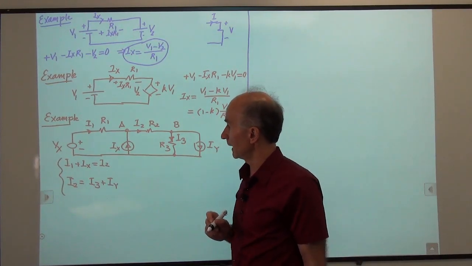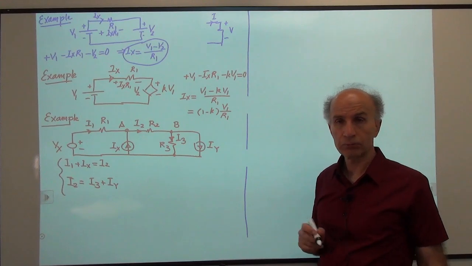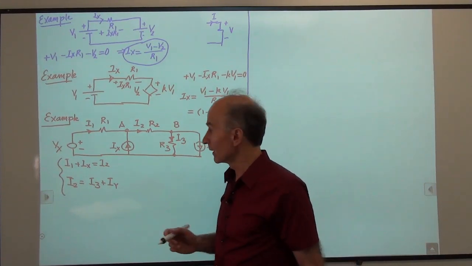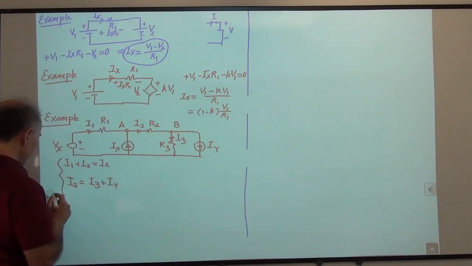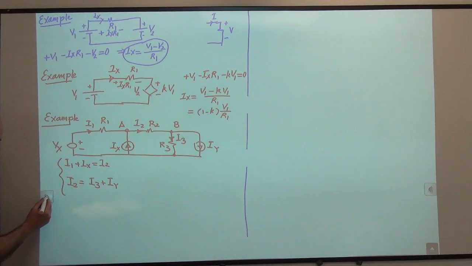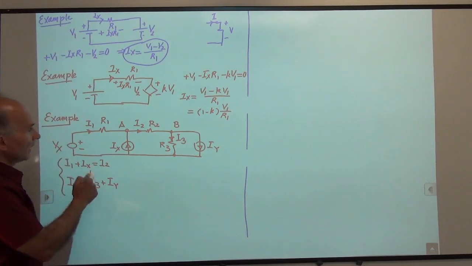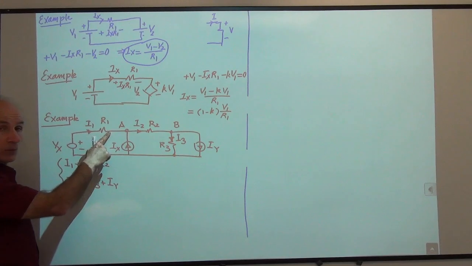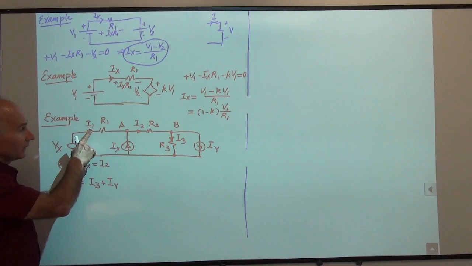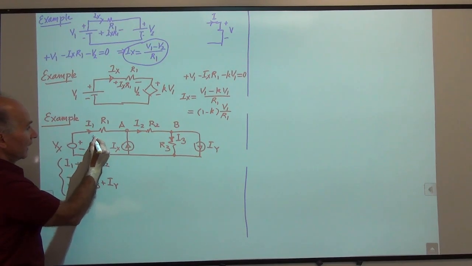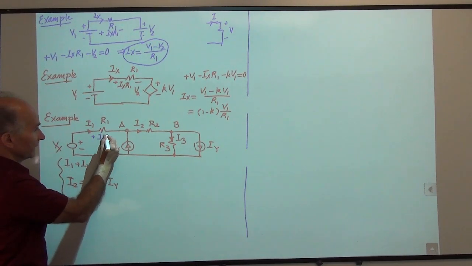Can I write any KVLs? Probably. Let's try some. And again, we're just playing, right? So can I write some KVLs? Well, yes, why not? Let's change the color. How much is the voltage drop across R1? I have a current. The current flowing through R1 gives me a voltage. So that would be I1 R1, right?